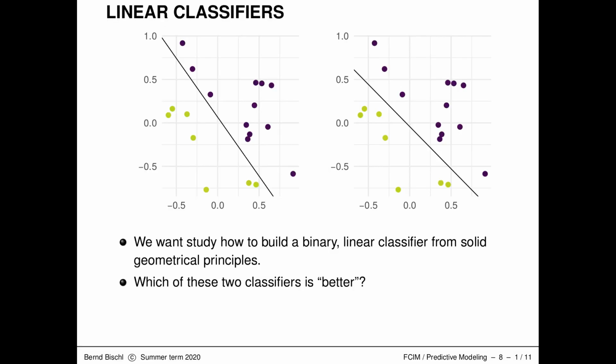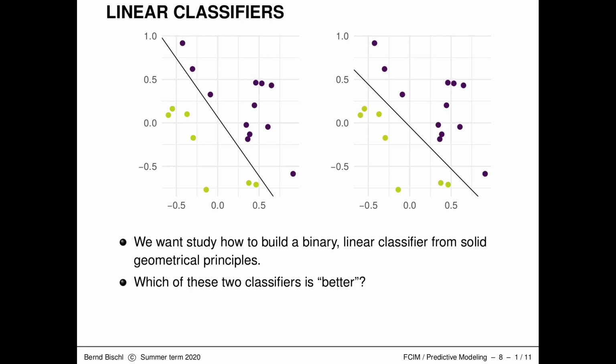So let's start. What I want to study in this lecture unit, and also for the next couple of lecture units, is a sound geometric principle to construct binary linear classifiers. I'll do this from a geometric perspective, but later on, in a few lecture units, we'll also connect this very well to our principle of regularized risk minimization, and we can actually see that the support vector machine has a very tight connection to that principle.